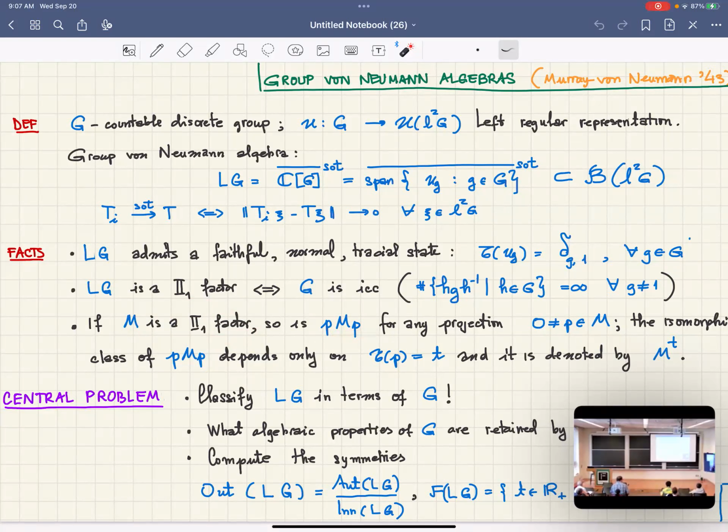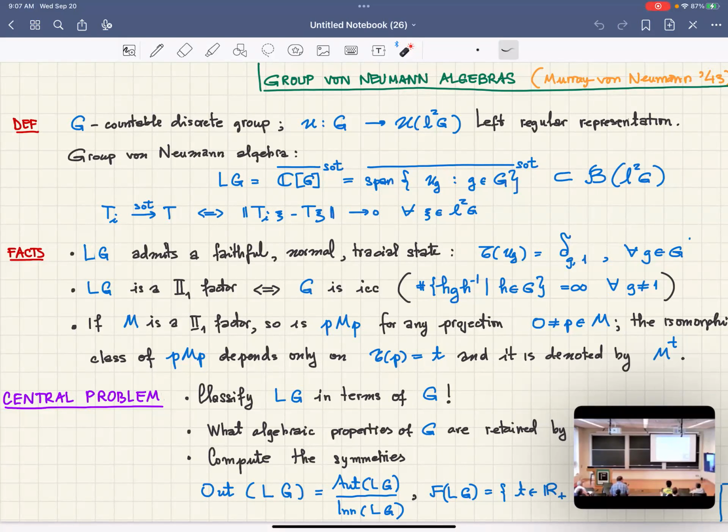And it's a fact that the isomorphism class of this compression essentially does not depend on the projection itself, but it depends on the value of the trace on this projection, which is essentially a positive number between 0 and 1.